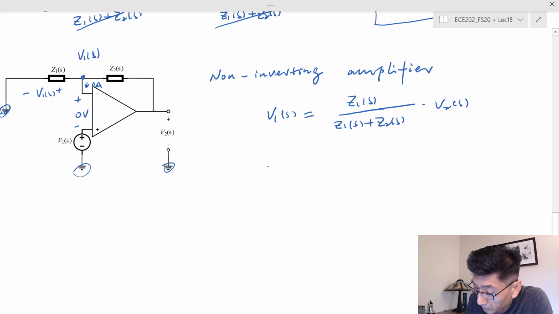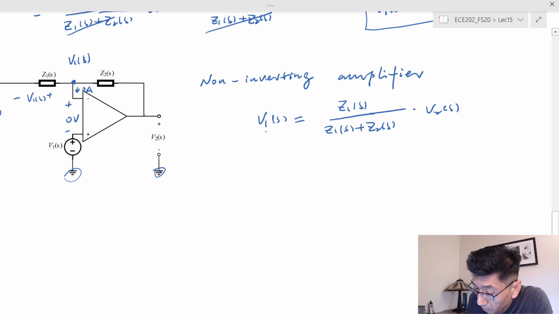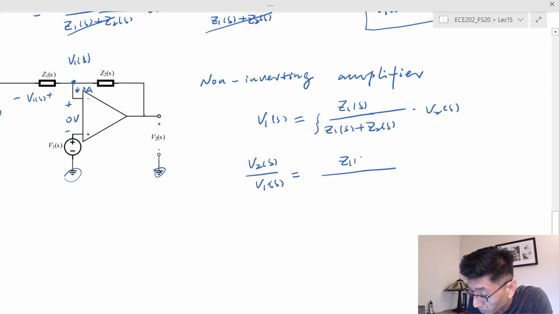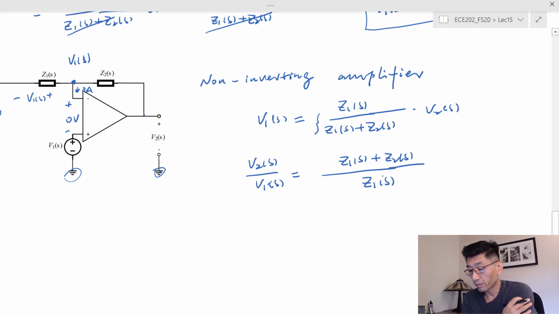If we divide V1 on both sides, so V2 over V1, and then we need to multiply by the inverse of this, that is going to be equal to Z1 plus Z2 divided by Z sub 1s, right?